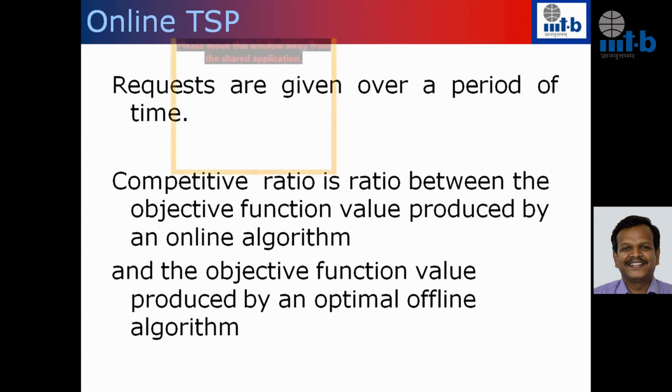A good example could be the dial-a-ride problem, which is a generalization of the TSP problem. In the dial-a-ride problem, there is a source and destination. You have to pick up somebody at the source and deliver at the destination at a given time, right? A good example could be our cab service, Ola or other service providers, where the request can come anytime.